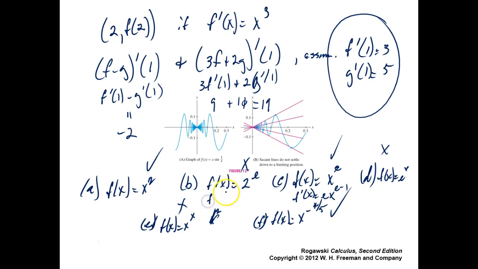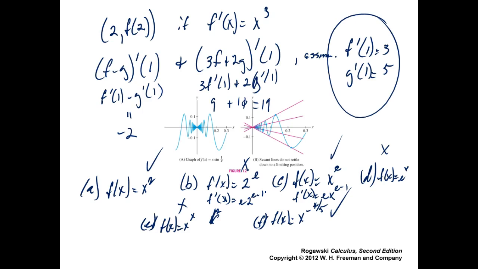That's what you would say if the power rule did work. f prime of x. But you see, there's no x in there, okay? I thought I may have written it wrong, but I didn't. You say it would be e times 2 to the e minus 1, okay? No, it just isn't, okay?